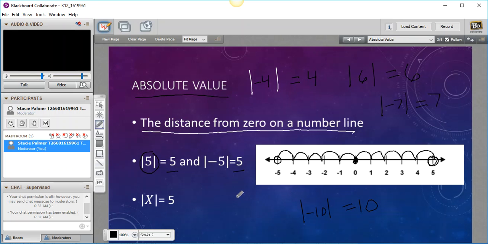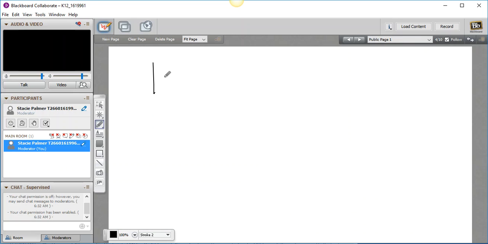So when we talk about solving absolute value equations, when we solve an equation, we're trying to figure out what we can plug in for the variable that will make the equation true, right? So if you have the absolute value of x equals 5, and I ask you to solve this, what I'm asking you for is to figure out what we can plug in for x that will make this true.